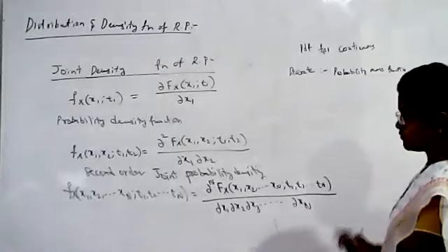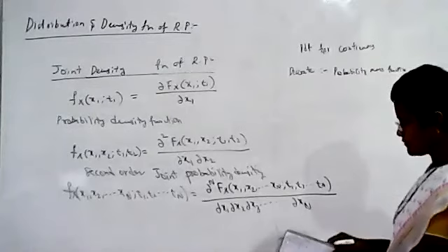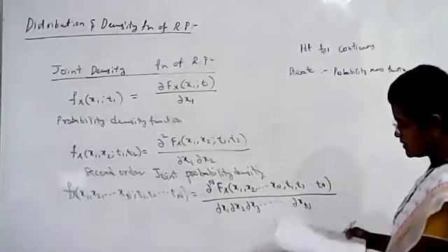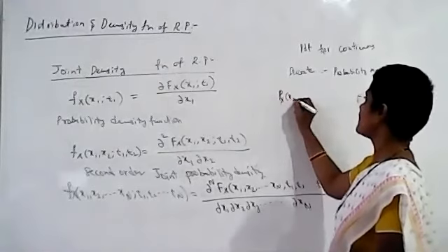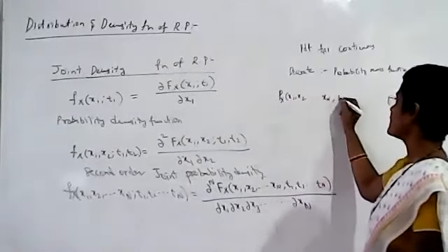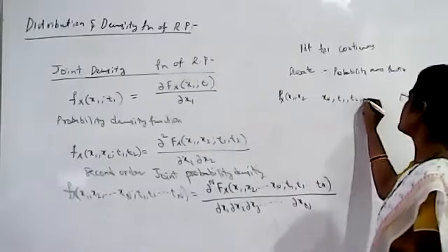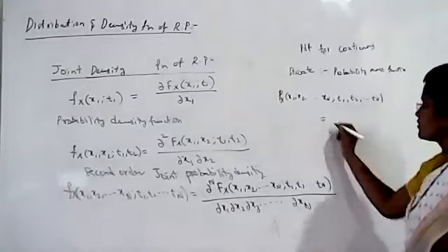So how do we denote the probability mass function here? The probability mass function will be denoted as Px of how many random variables? N random variables, so at n time instances t1, t2, so on tn. It is equal to what?